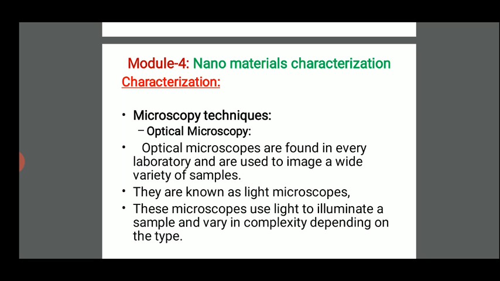Structural characterization involves determining the morphology, that is nothing but shape and size of the nanomaterials, and arrangement of the atoms, that is their crystal structure, and also material composition of nanomaterials.